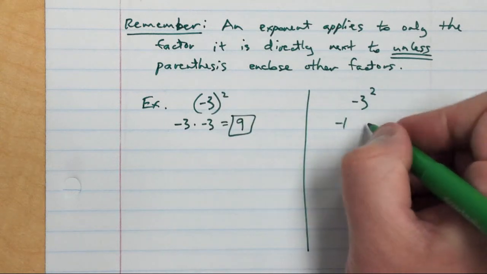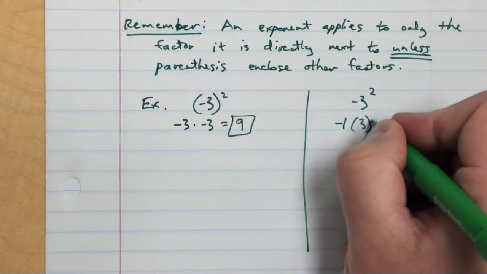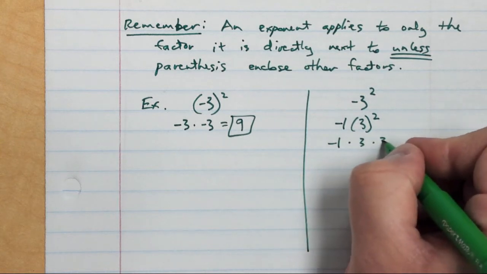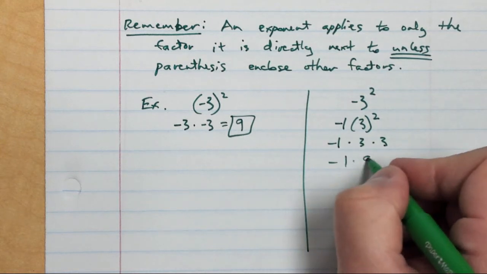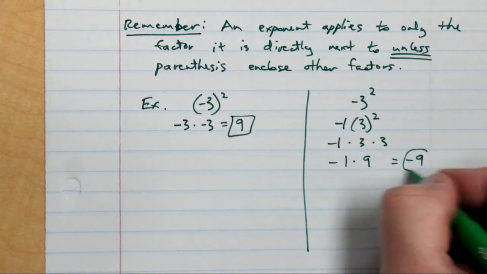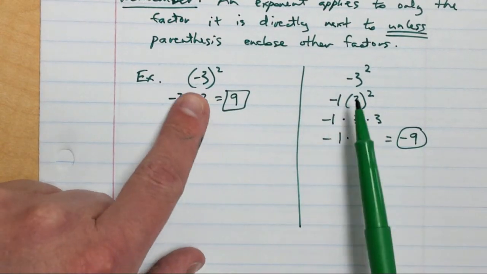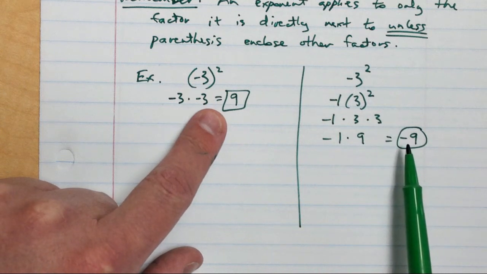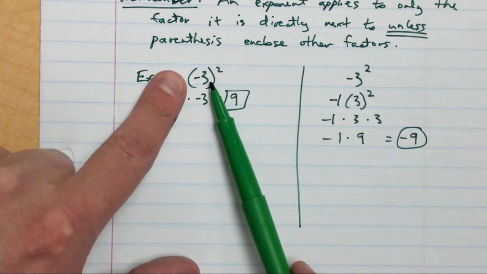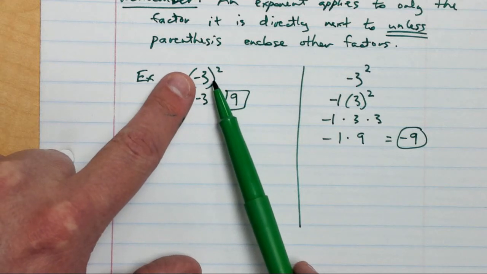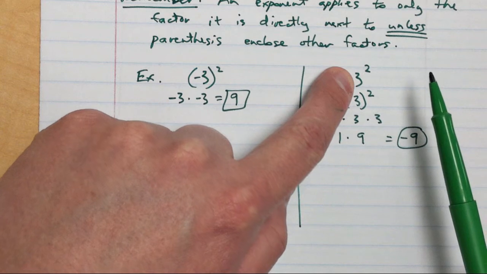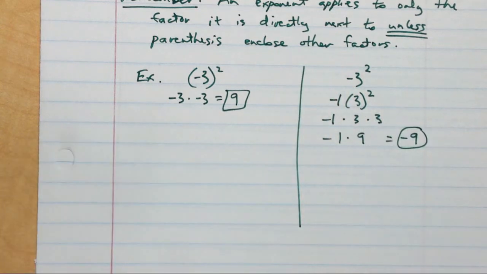This is like a negative 1 times 3 squared, which is a negative 1 times 3 times 3, which is a negative 1 times 9, which is equal to negative 9. So these look almost identical, yet they give us different answers. The parentheses enclose the negative, so this is a negative 3 being squared, whereas with no parentheses, this is just a 3 being squared, and we're multiplying it by a negative 1.